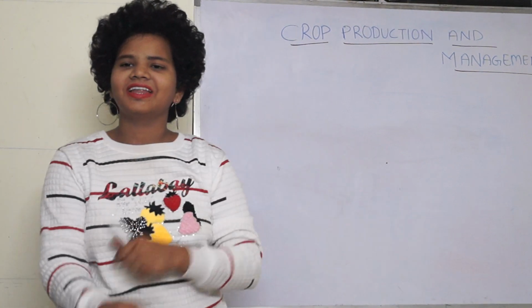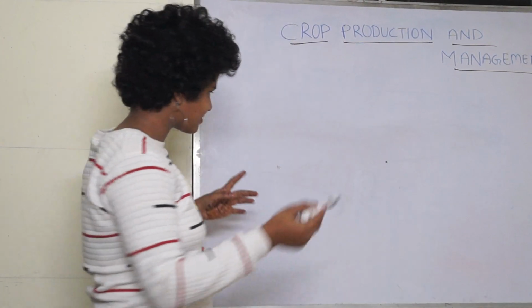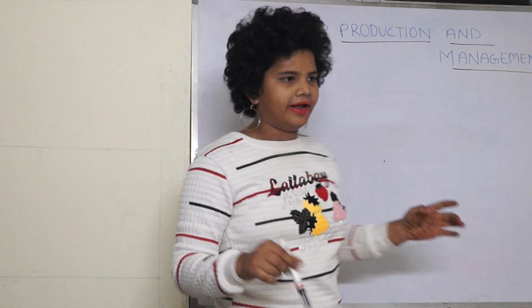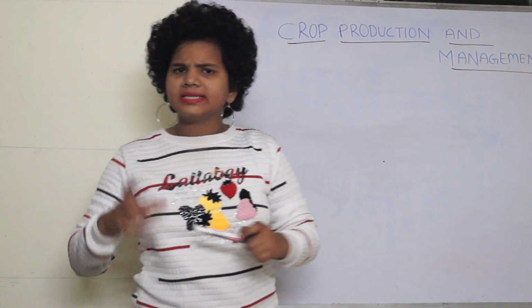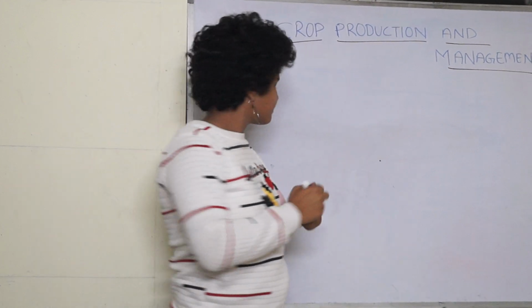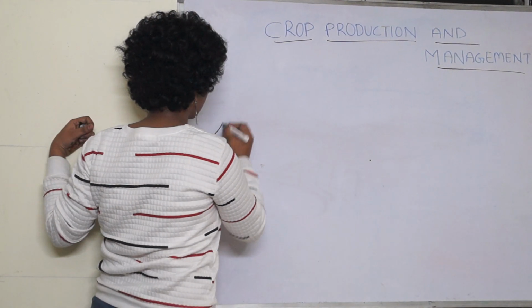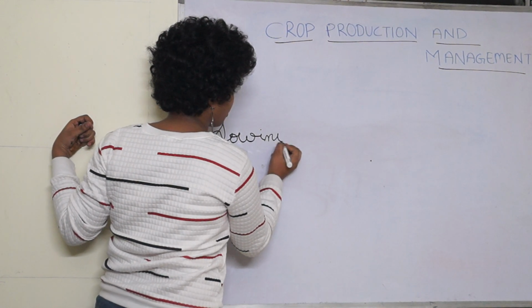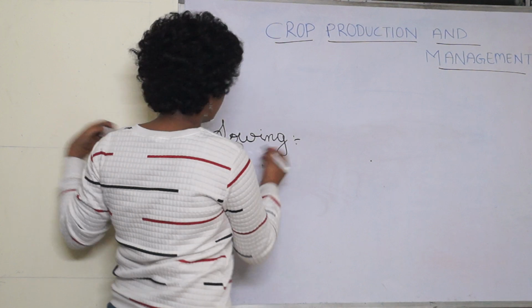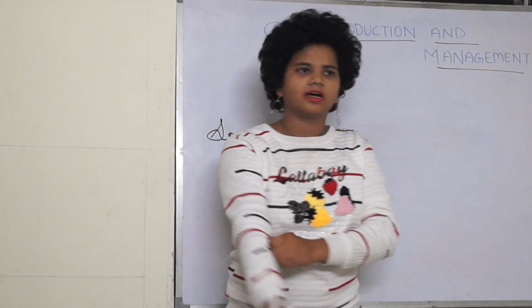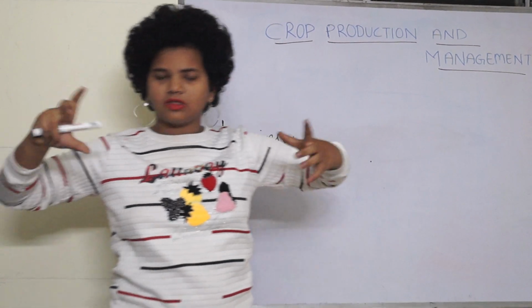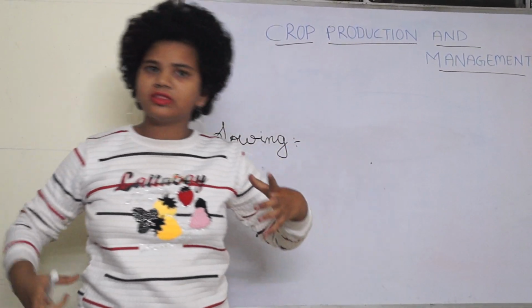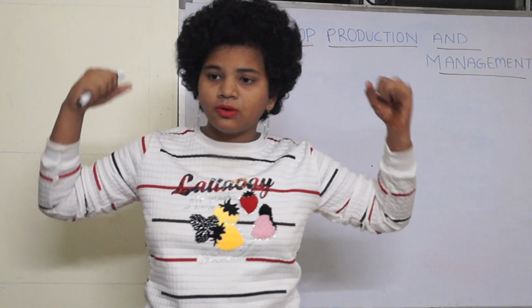Let's go for the next one. We completed the cultivator, and now let's see what is sowing. Okay, what is sowing? Farmers usually select the crops which are very good, useful for growth and very good in health.